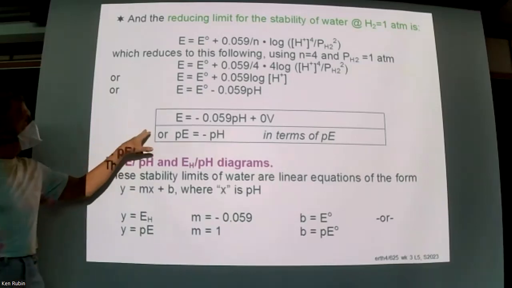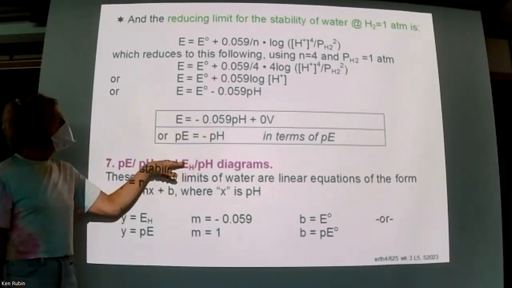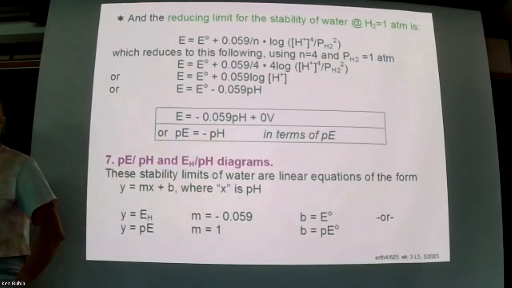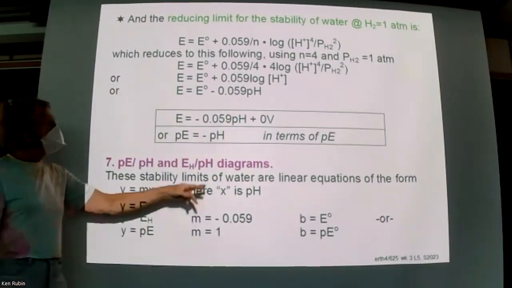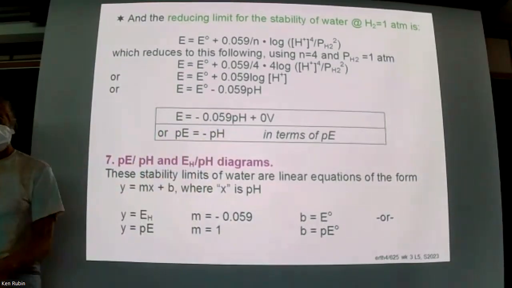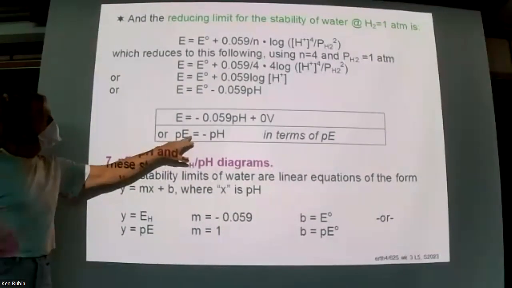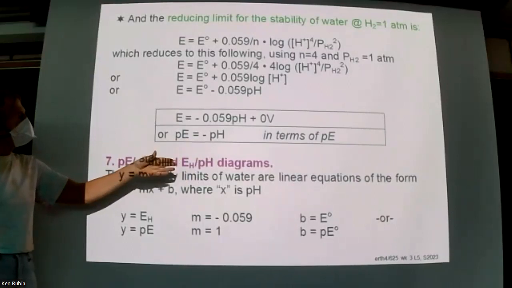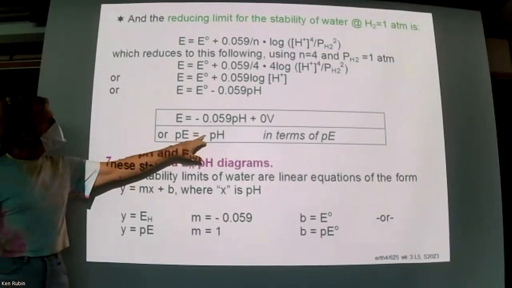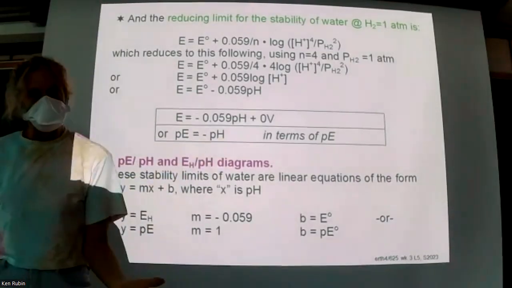Plug in our numbers and we come up with an even simpler expression: E equals minus 0.059 pH plus 0, or pE equals minus pH. So if we look at this in pE space, the slope is -1, and in this case the intercept is 0.